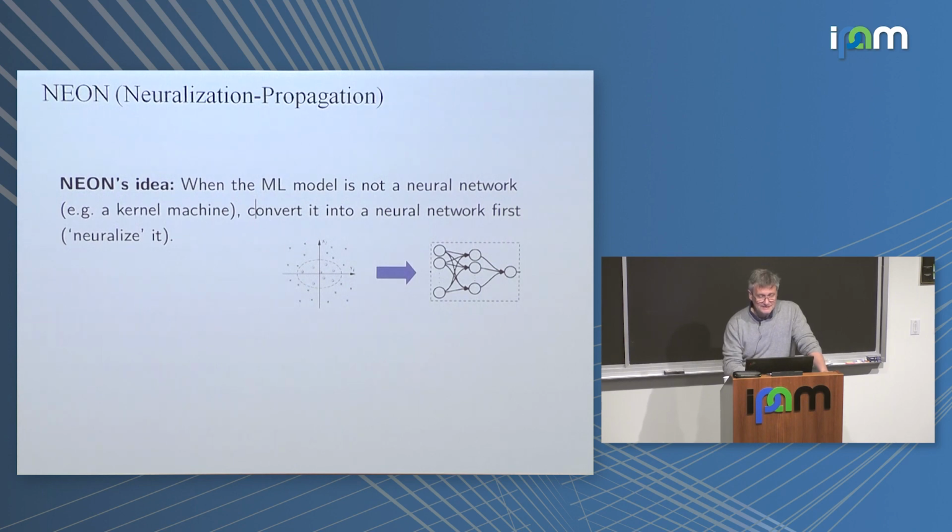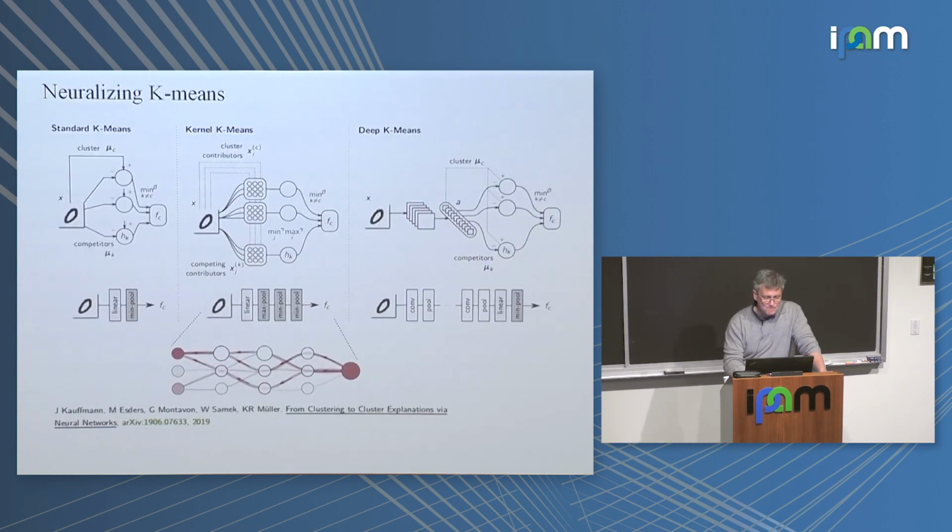We call this neuralization because we transform it into a neural network. And then we can apply LRP. So how do you transform k-means into a neural network?